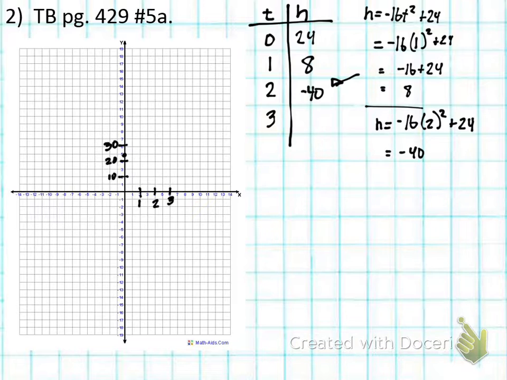It's at 8 feet. And then at 2 seconds, it's at negative 40 feet, which is way down here, right? So is it possible that the acorn goes underneath the ground right here? No. So let's just erase that last portion with our pencils, or not even mark that.